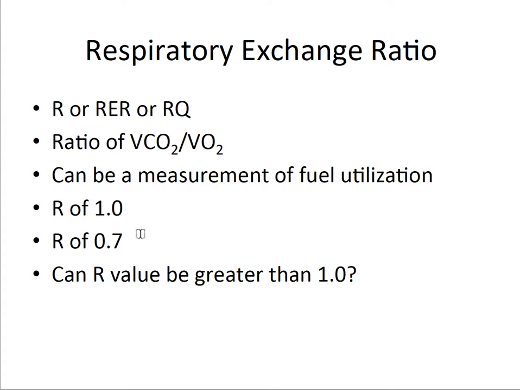And you remember this from our crossover graph earlier, that if the R value is 0.7, this is 100% fat utilization as a fuel. And if the R value is 1.0, that's 100% carbohydrate utilization as a fuel. And if we're at high exercise intensities, we're closer to an R value of 1. But can the R value be greater than 1?